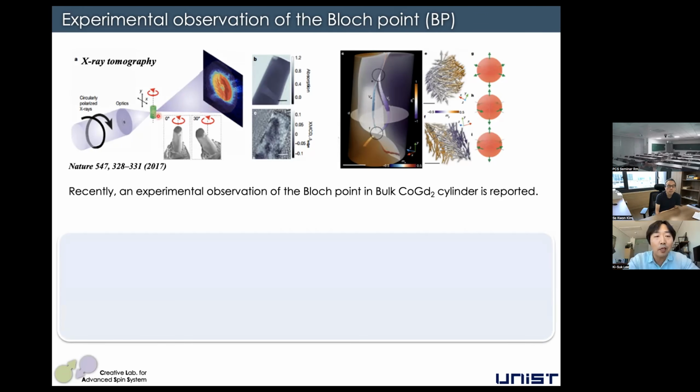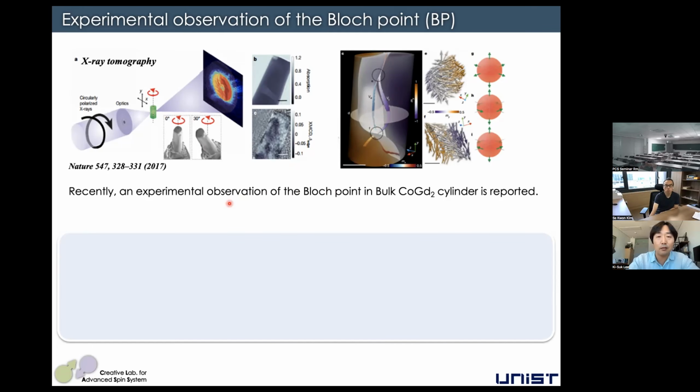They reconstructed the 3D spin structures and interpolated the spin configurations inside the wire. Then they pointed out that there is some possibility of the formation of the Bloch point at some positions inside the wire. But it is not a controllable situation; they just measured, reconstructed the spin configuration, and found the Bloch point.